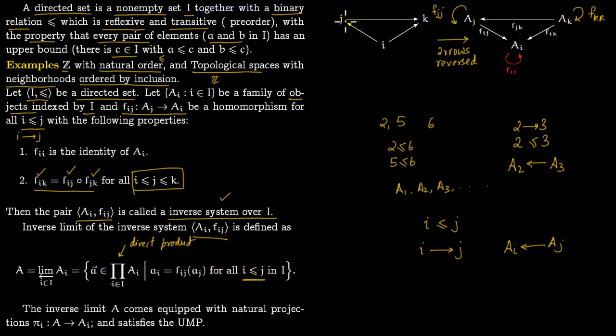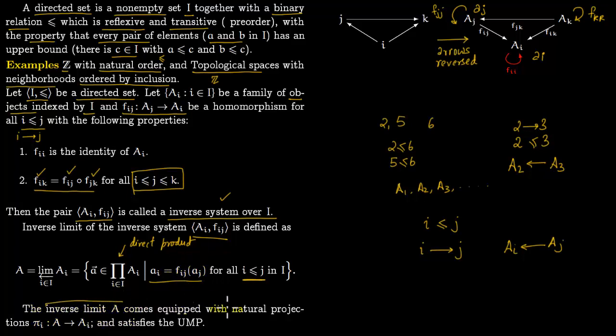So this AI comes from some Aj here. This lower index element AI comes from some bigger element here. That is the relationship. This Aj will get mapped to here. And this is more clear when we see the example of p-adic numbers.